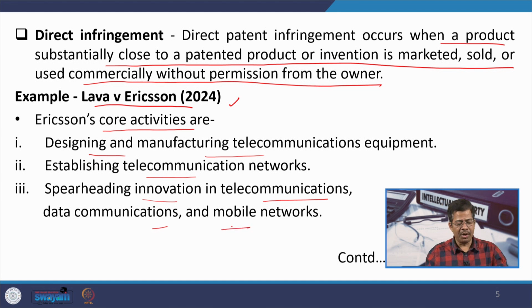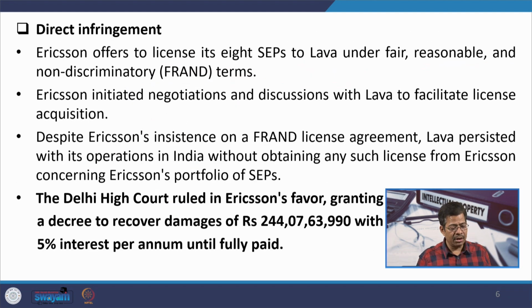So, we all know about this company Ericsson. In India, we also know about Lava, which is again a mobile manufacturing company. It is making mobiles in India. However, many a times there are some question marks on Lava's performance etc.